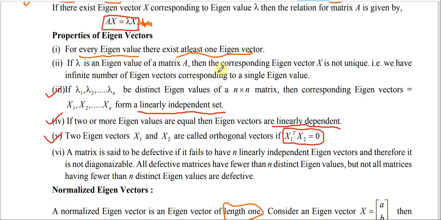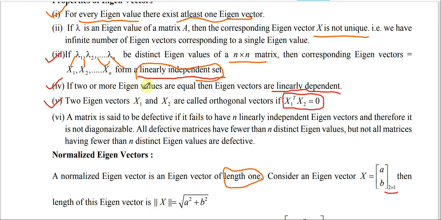If lambda is an eigenvalue of a matrix, then its corresponding eigenvector x is not unique; we may have infinitely many. If lambda 1, lambda 2, up to lambda n are the distinct eigenvalues of an n cross n square matrix, then the corresponding eigenvectors x1, x2, up to xn form a linearly independent set.